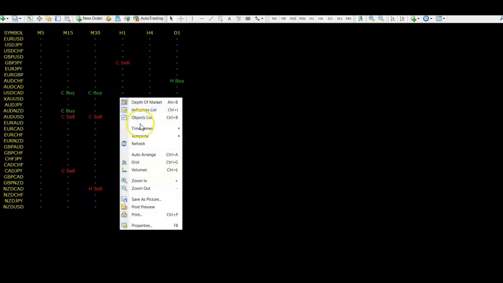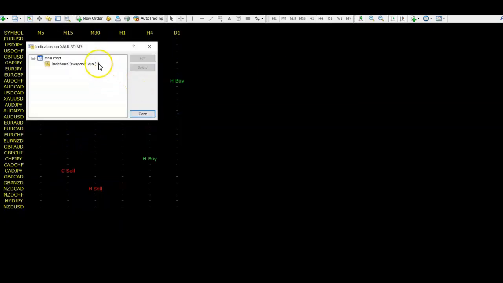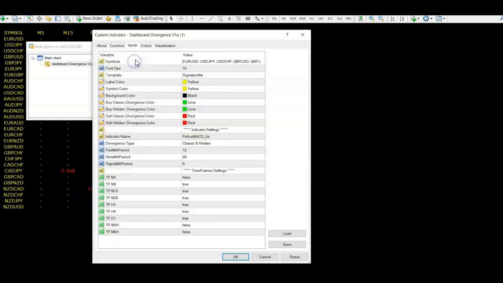The settings on it. Okay, we'll go to the dashboard settings. Up here, obviously you put in the symbols you want, and the font size, which is just the text size. Okay, template. It's got a template feature.